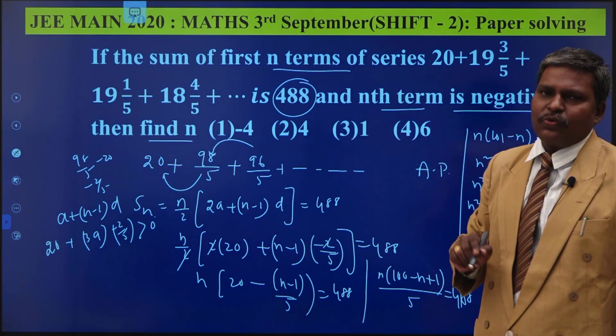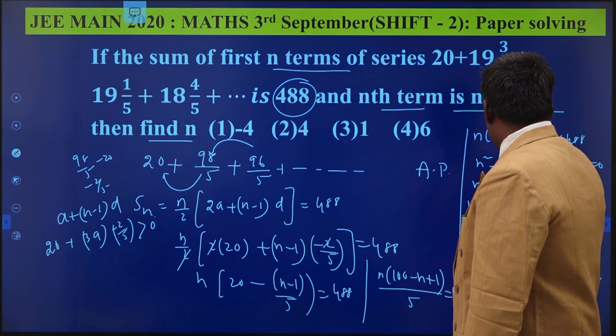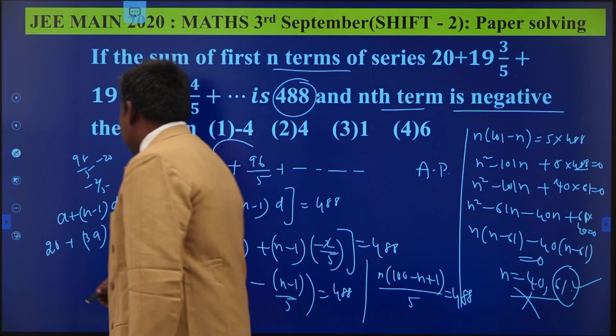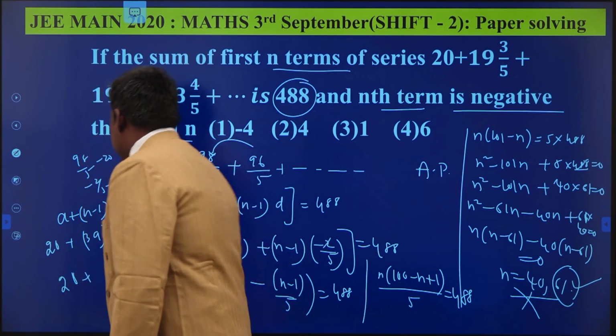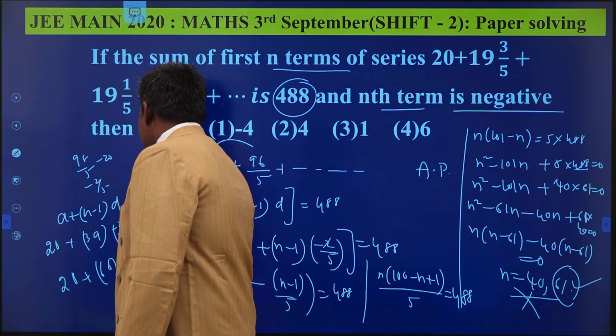At that time we have to find the nth term. Here n is 61. 20 plus (n minus 1), that is 60, into minus 2 by 5.